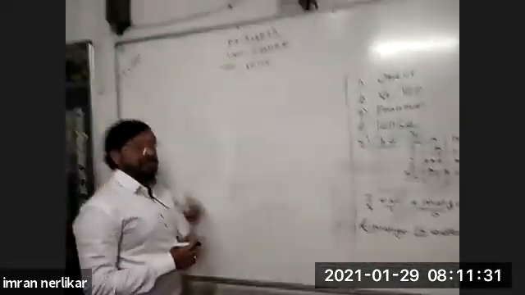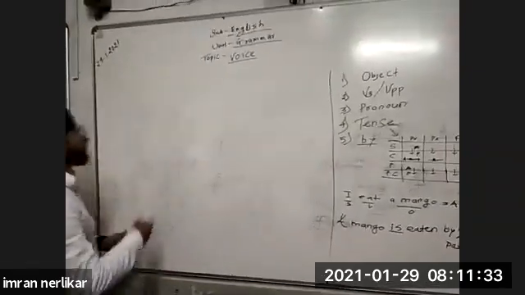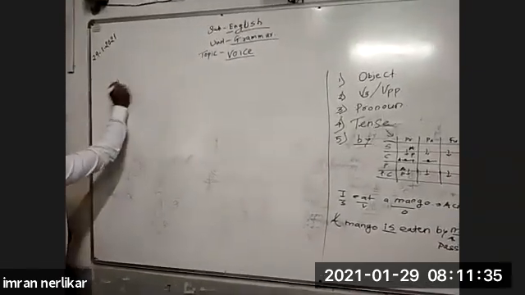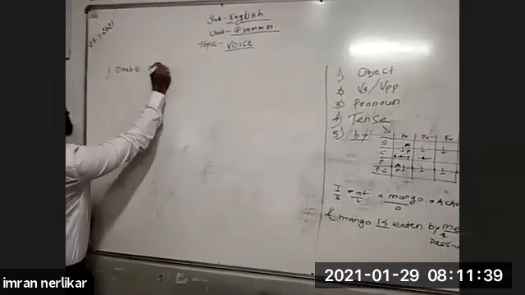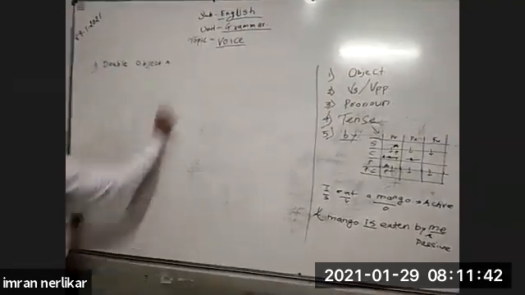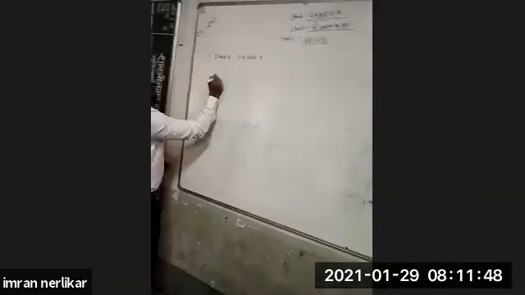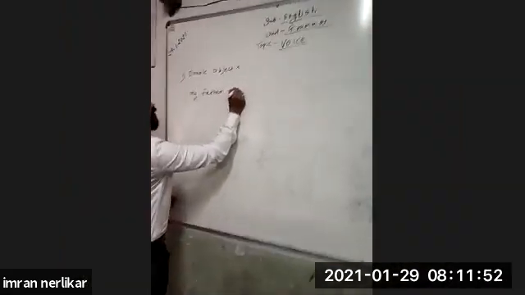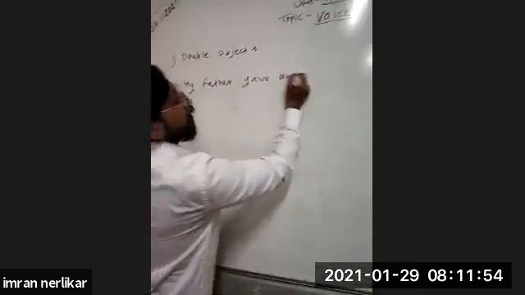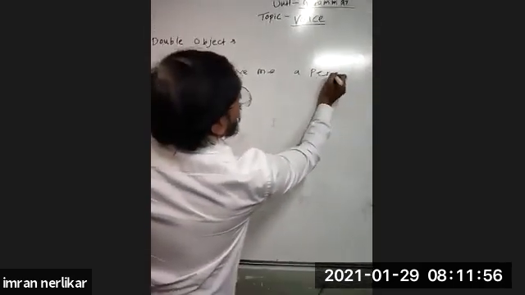For example, the first is a sentence with a double object. This is a little bit different sentence. For example, my father gave me a pen.